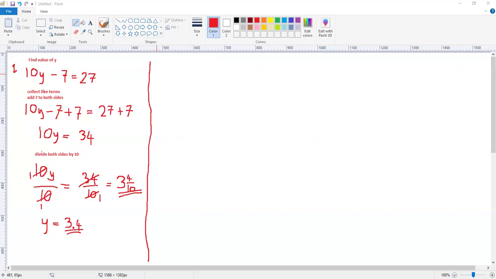Excellent. All right, so let's go to the next one. Are you familiar with ratio and proportion? Yeah. Okay. So this is the next one I want us to solve.